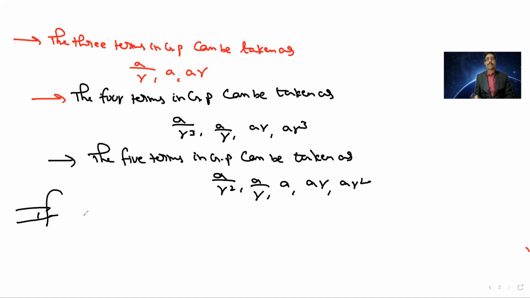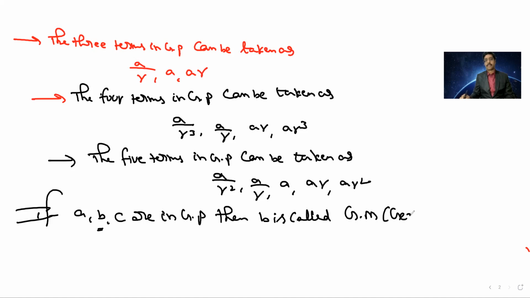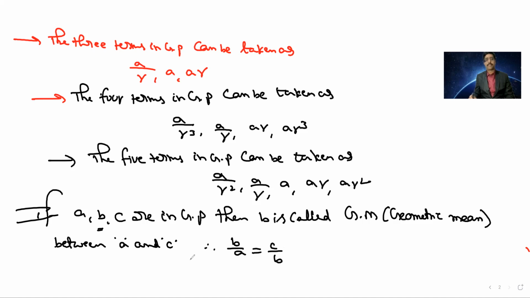If A, B, C are in GP, then B is called the geometric mean, GM, between A and C. If A, B, C are in GP, then the common ratio B by A is equal to C by B, so T2 by T1 is equal to T3 by T2.